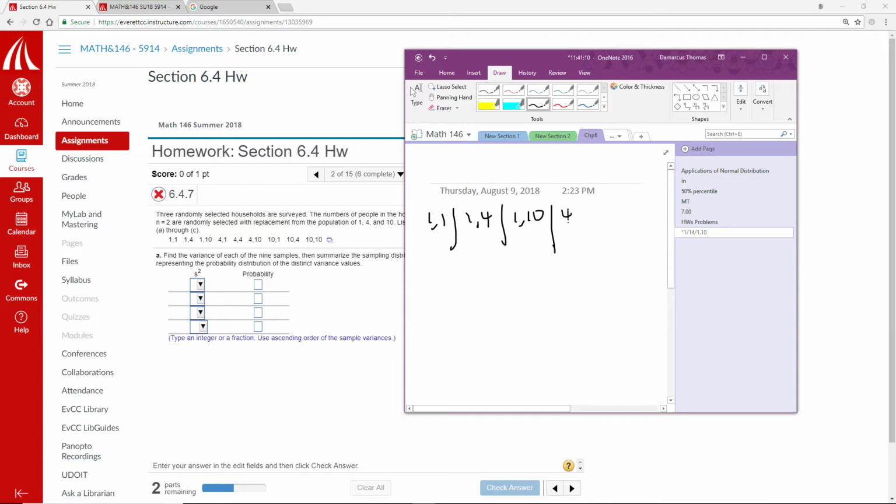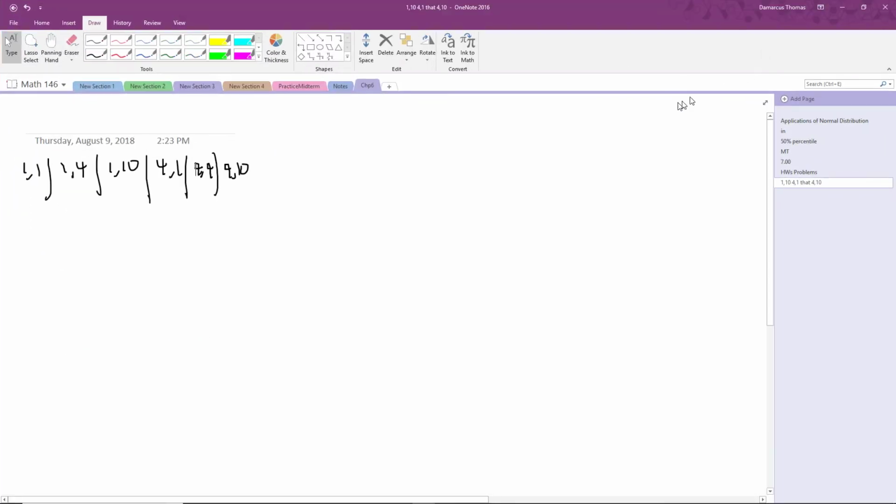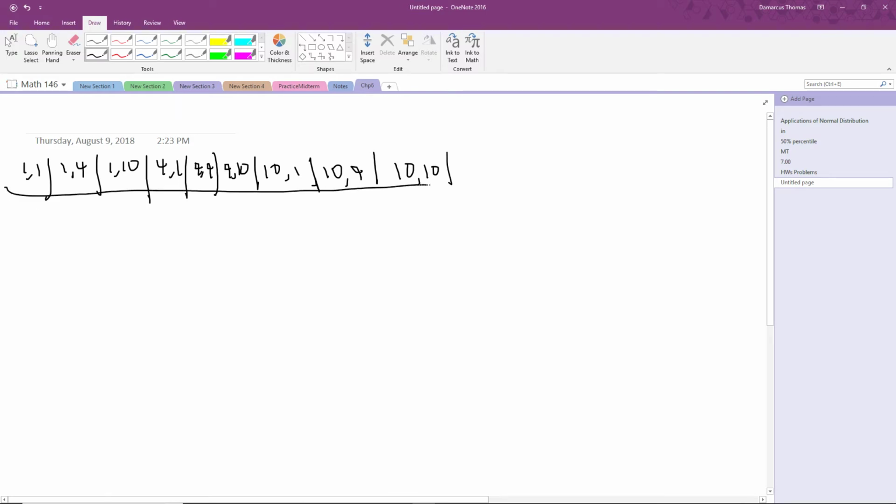Then we have 4, 1, 4, 4, 4, 10. And then it's 10, 1, 10, 4, 10, 10. So what I'm going to do is put the variance in each box.